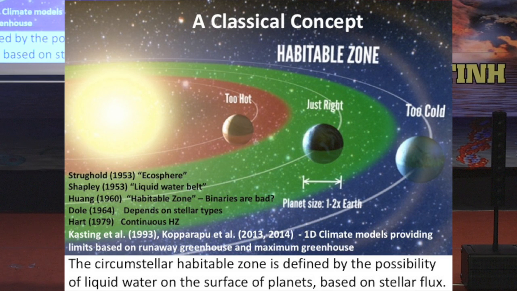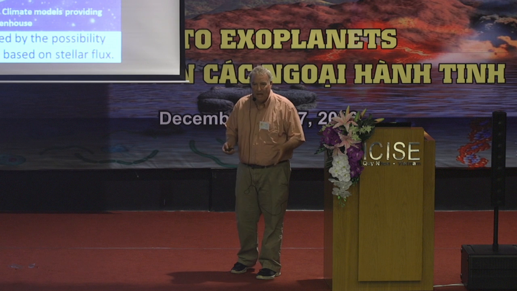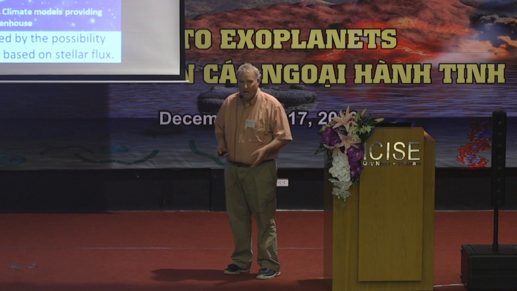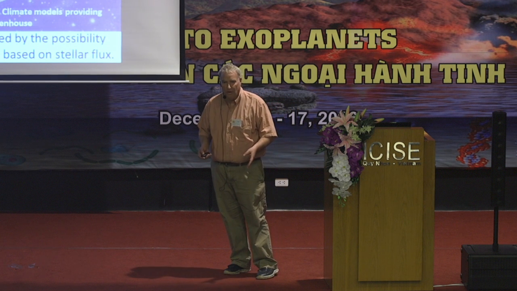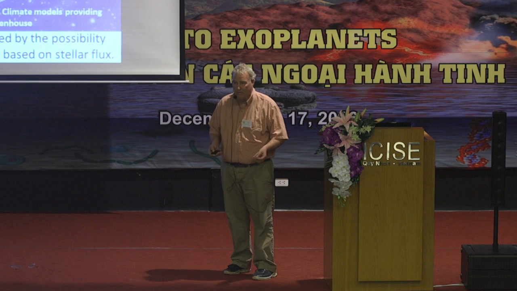But this has been a very useful concept, because it has allowed us to at least place this as a necessary condition for the kind of life that we have on Earth.